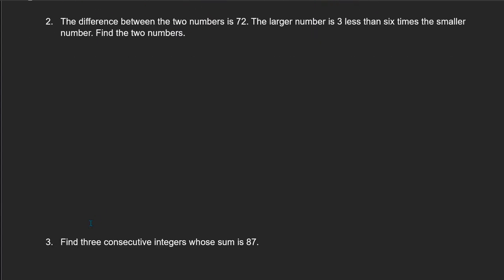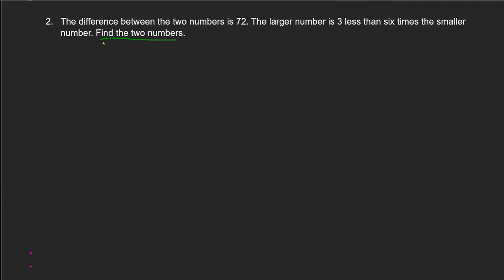So, the question number 2 will be: the difference between the two numbers is 72, and the larger number is 3 less than 6 times the smaller number. Now, ang problem is we have to identify the two numbers. But we have actually the scenario na binigay.